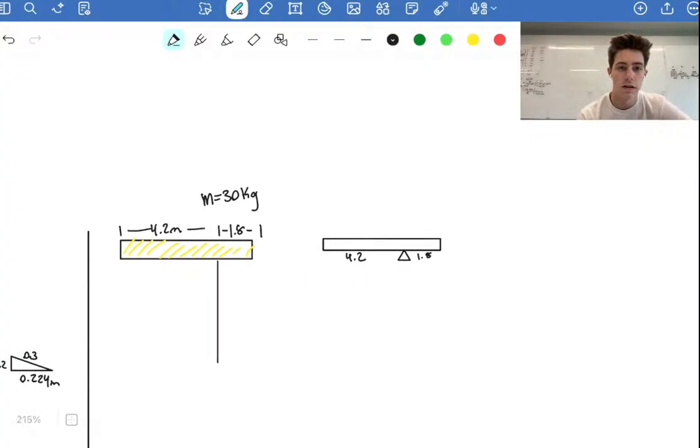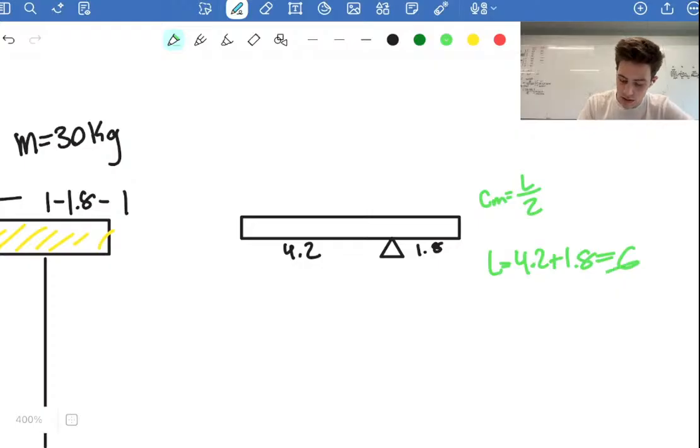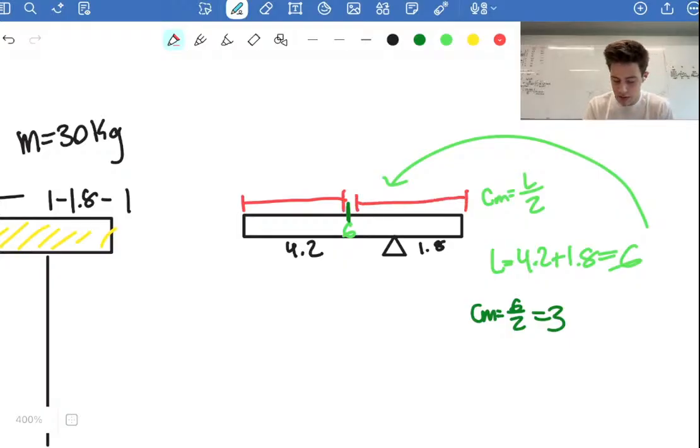Now, we know for any uniform object, and this is a uniform plank, it's located at the very center of the length. It's L over 2. So center of mass equals 6 over 2, so it's 3 from the end.